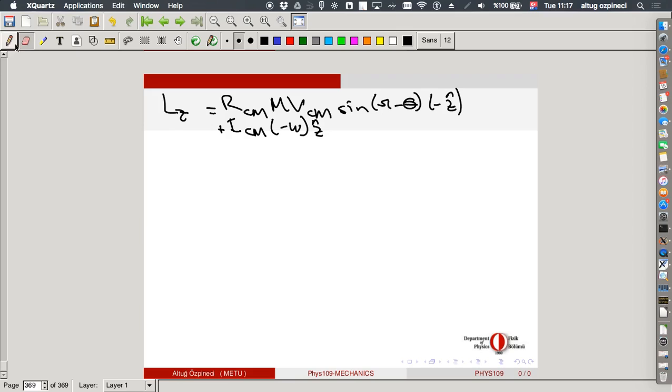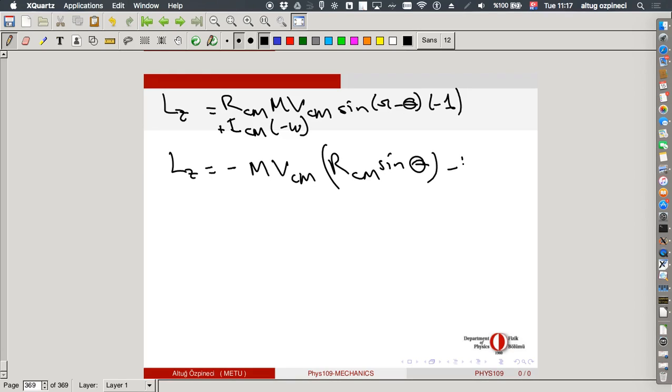Since we are already looking at the z component, I don't have these. So Lz, well, sine of pi minus theta is sine theta. Minus m v center of mass, r center of mass times sine theta, minus I center of mass times omega. This is the z component of the angular momentum.